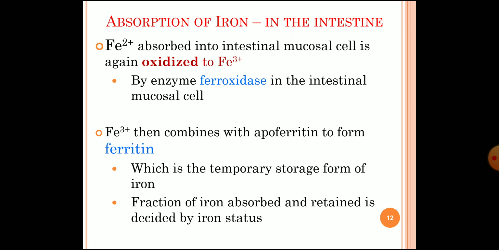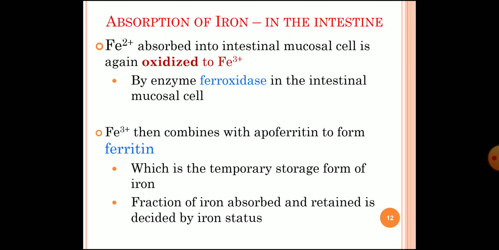When there is not enough iron, this ferritin will be released into the blood. Otherwise, it will be present in the cell as ferritin. So the fraction which is absorbed and retained is decided by the iron status. What is the meaning of that? Whatever fraction remains as ferritin in the cell depends upon the iron status.